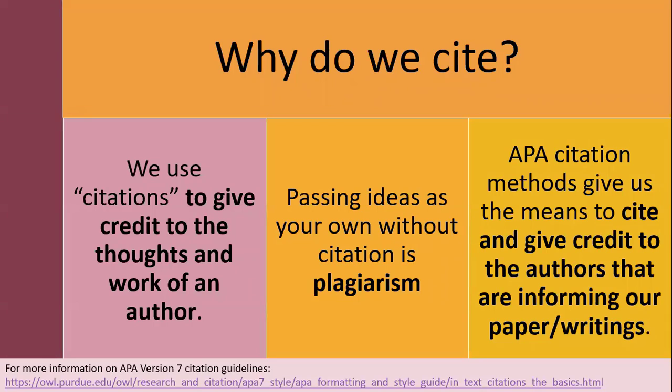We cite because we are trying to give credit to the thoughts and work of an author. Why is this important? Because if you try to pass ideas as your own without a citation, this is considered to be plagiarism. It's basically stealing. You're stealing someone else's ideas and trying to pass it off as your own ideas.